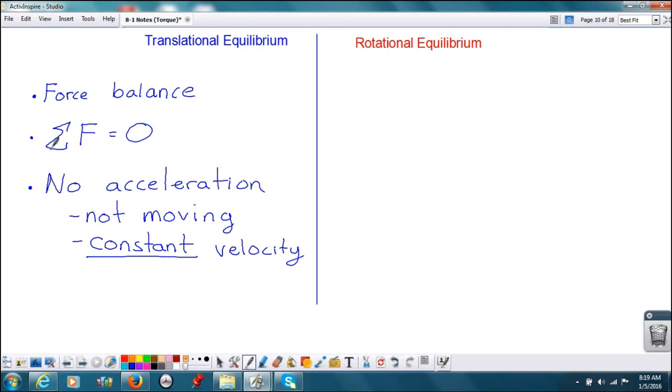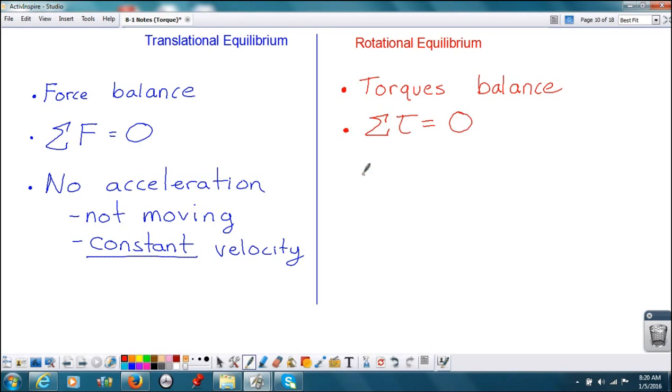This is very similar when we take it over and talk about rotational equilibrium. Okay? But in rotational equilibrium, it's not the forces that balance, it's the torques that balance. Okay, so that means that the net torque on the object is equal to 0.